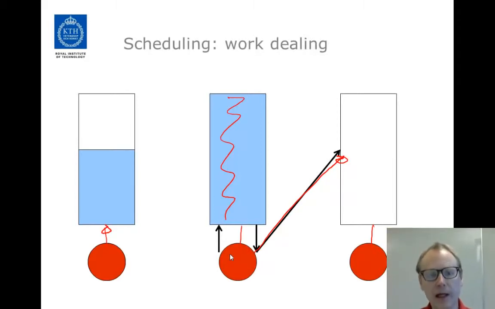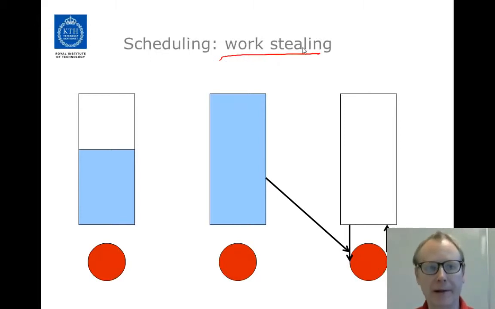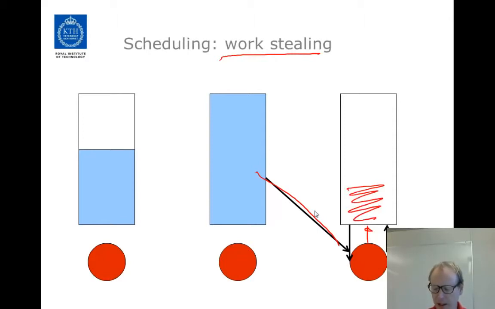So to alleviate that problem, work stealing is a more natural and better and more robust scheduling method. In work stealing, the task of getting tasks to work on lies on the worker which has no work to perform, like this worker here. So when you have an empty local work queue, you go to another one and steal work from that one, and hopefully you'll steal from someone which has the most amount of work, and then you are set to go and you fill your local queue, and you have work to do here.